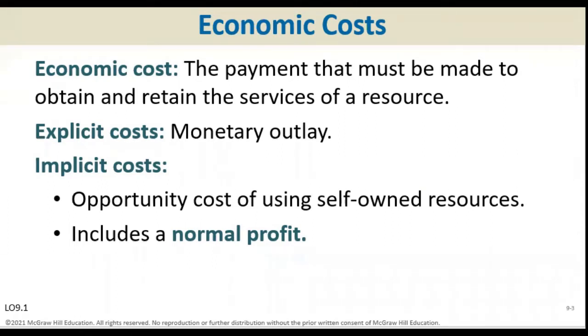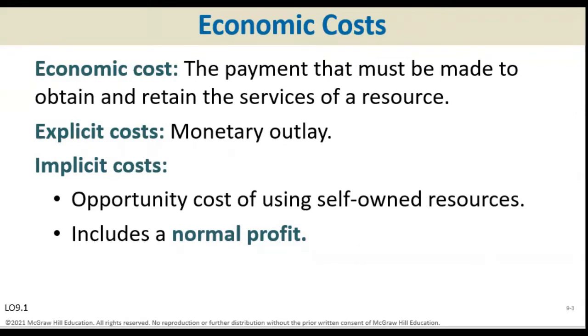It can be implicit or explicit. Implicit, if you recall the concept of opportunity cost that we talked about, right? So we make a distinction between the implicit and the explicit costs. The explicit costs here are the payments to non-owners of the firm, right, to attract the resources used in the production of the output.